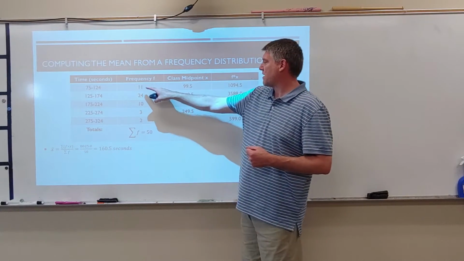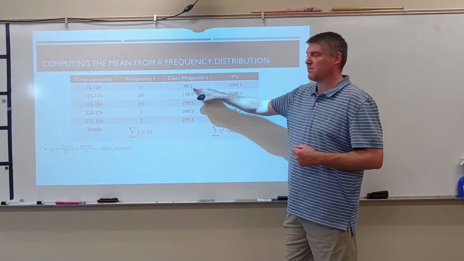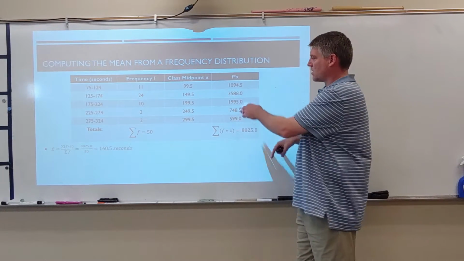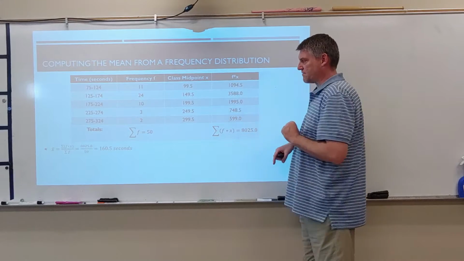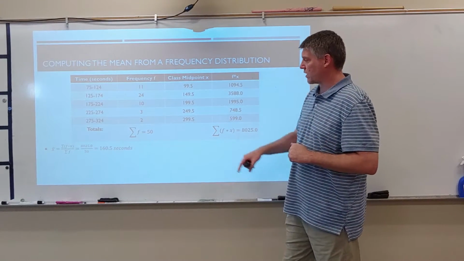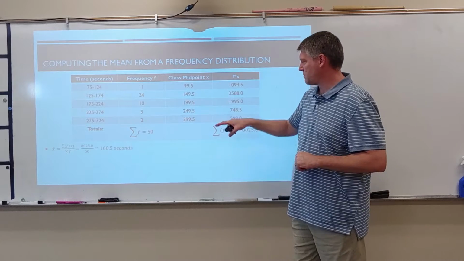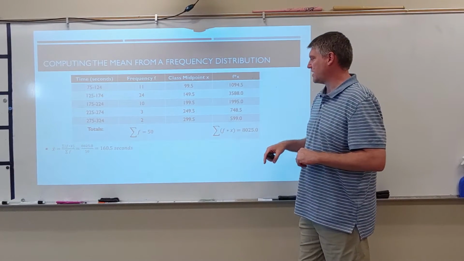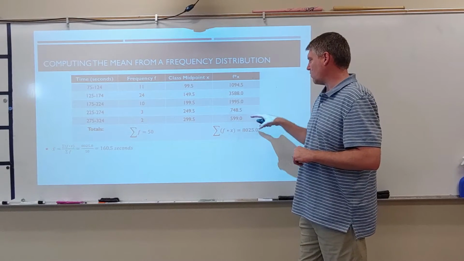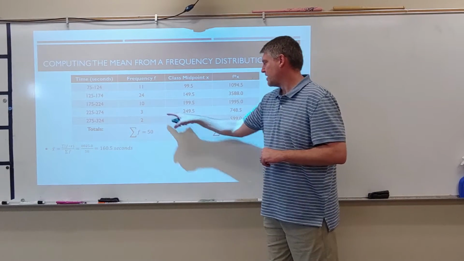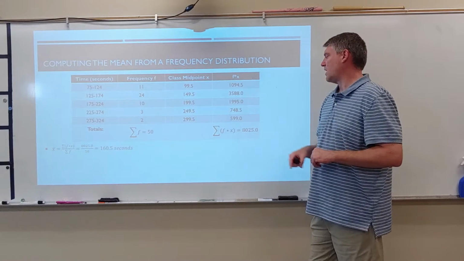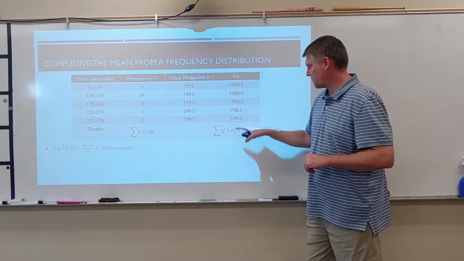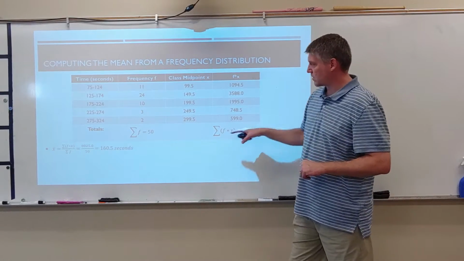Now I'm going to take my frequency times my midpoint. 11 times 99.5 gives me 1094.5. I'm going to do that for each one of these. 24 times the midpoint gives 3,588, 10 times 199.5 is 1,995, 3 times 249.5, 274.5, 2 times 299.5 gives me 599.0.